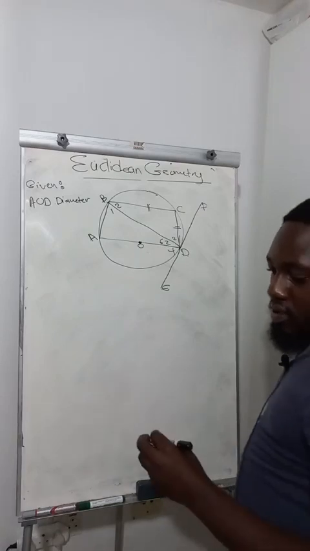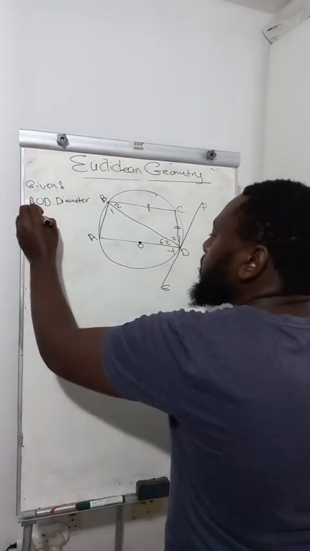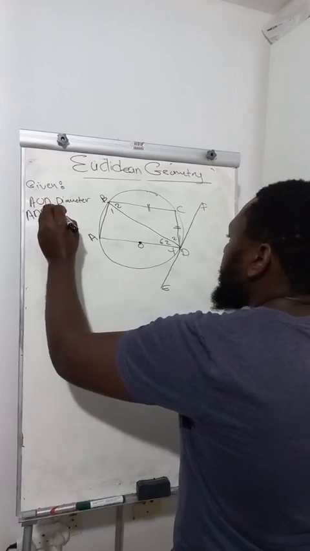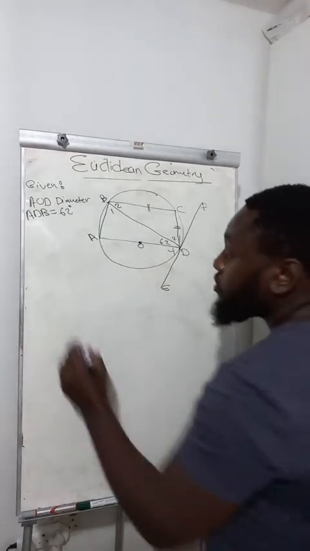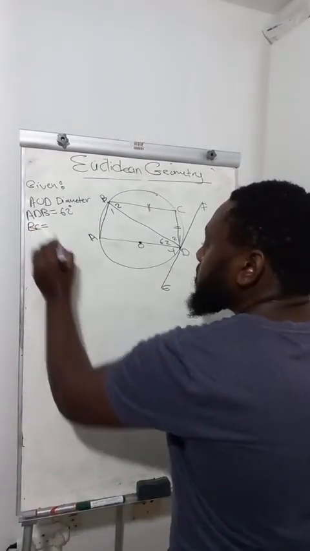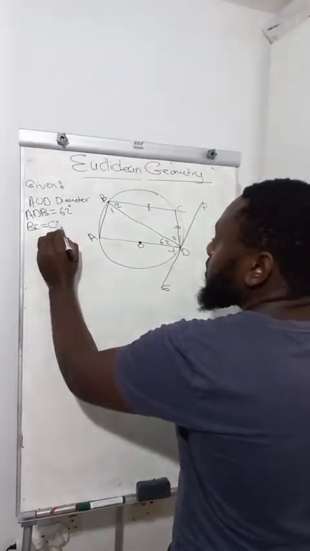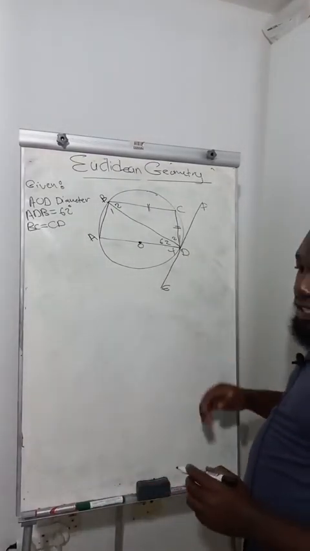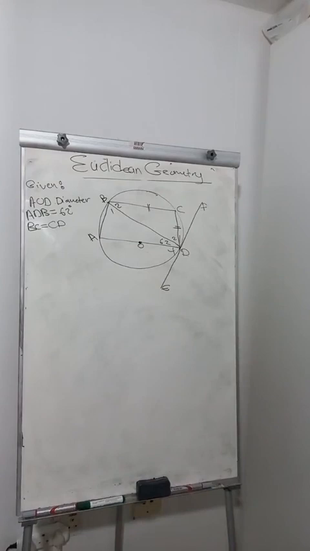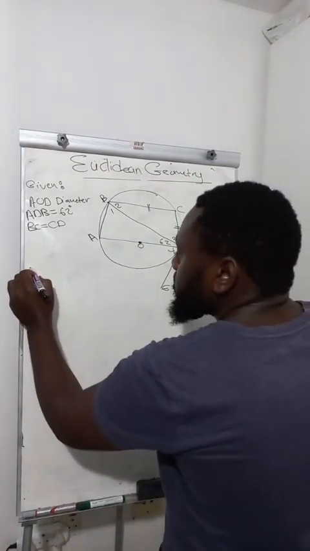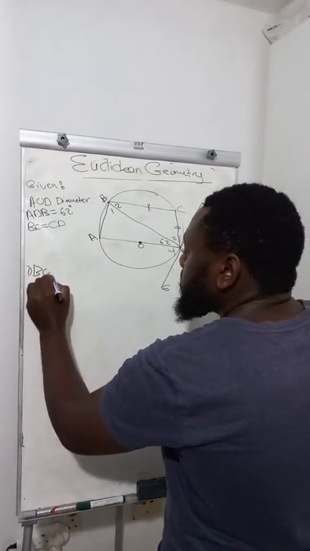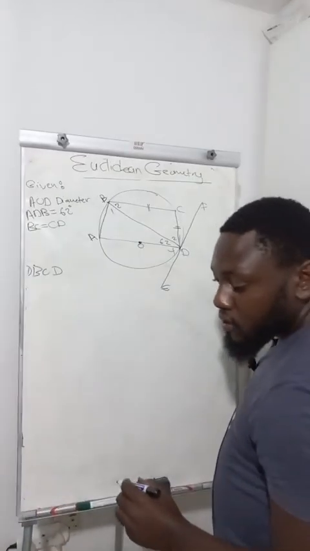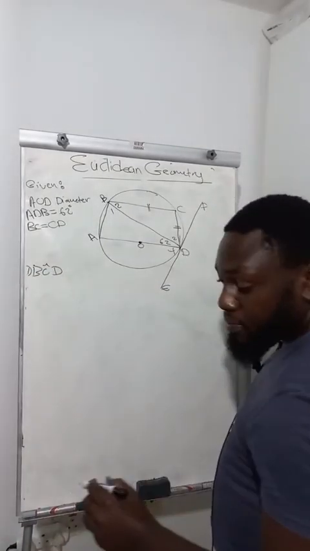And then you've got ADB, it's 62 degrees. And then you've got BC equals CD. Now the question is asking you, with reasons, to determine, one, angle BCD.